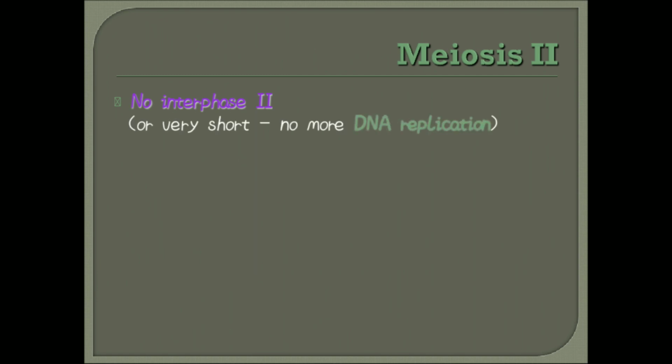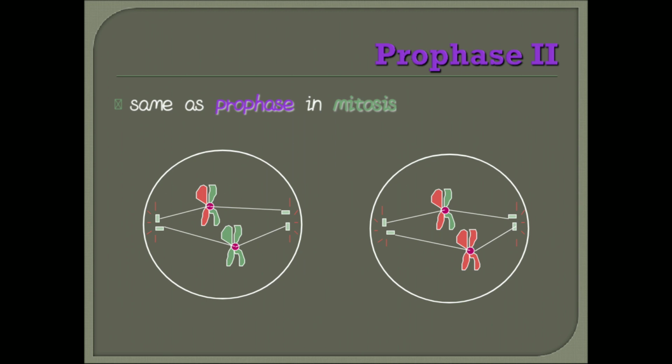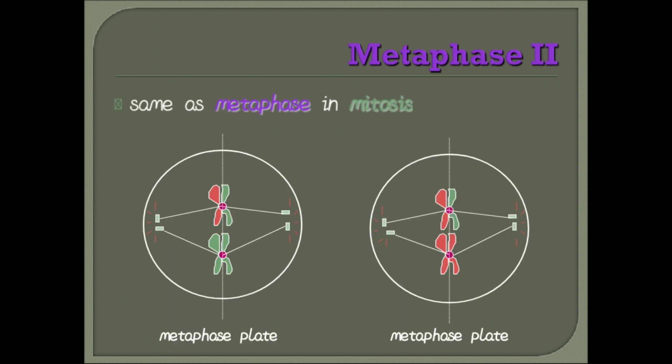Meiosis second is exactly the same as mitosis. Here there is no interphase second, or it is very short. So we can observe that prophase second is like that of mitosis. This is metaphase second.